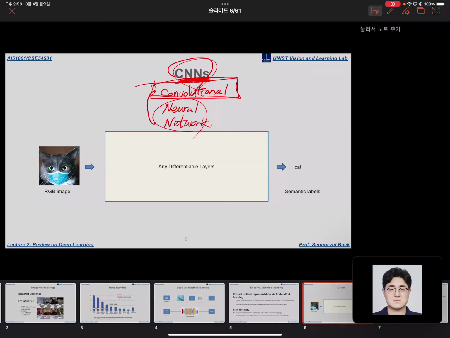Okay. So the convolution operation, maybe you learned about this in a signal processing class in an undergraduate course, right? If you are majoring in electrical engineering or another related major, then you may have heard about the convolution operation before. Even if you haven't heard about this, there's no problem, right?